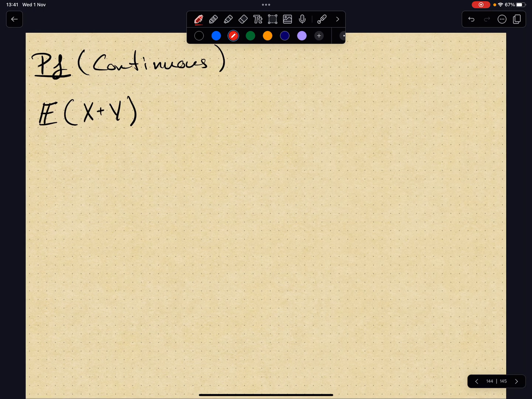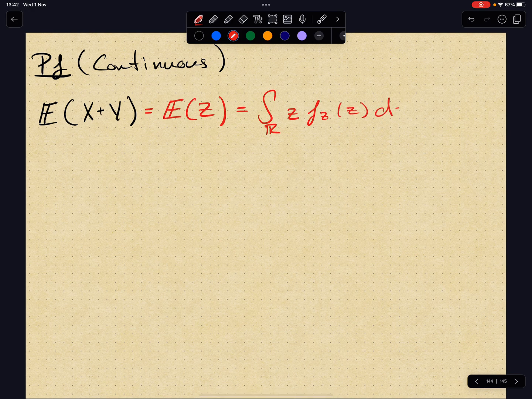So let me give you the proof for the continuous case. This is going to be using the notation from the previous slide. This is the expected value of Z, which is the integral over all the reals of z times the probability density function of Z, dz. And this is just by definition. This is notation to make the computations here seem more natural.